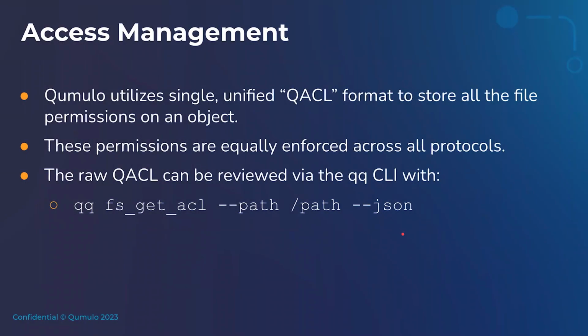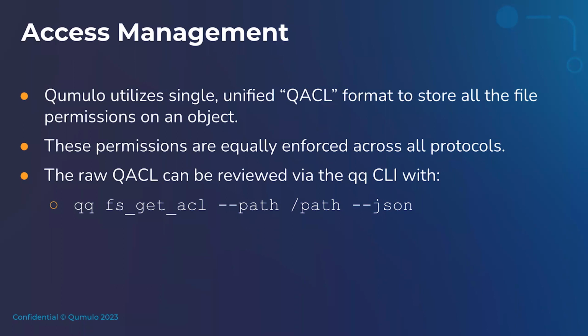So let's talk a little bit about access management. One thing that's important to always keep in mind is that Qumulo uses a single unified QACL format to store all the file permissions on an object. So regardless of the protocol that is being used, these permissions are enforced equally.